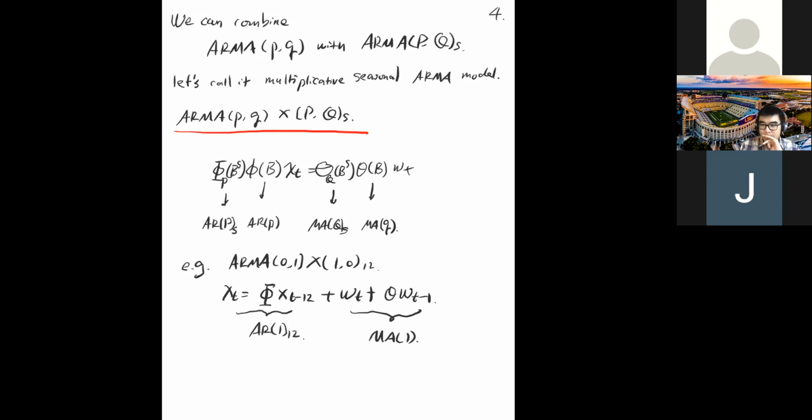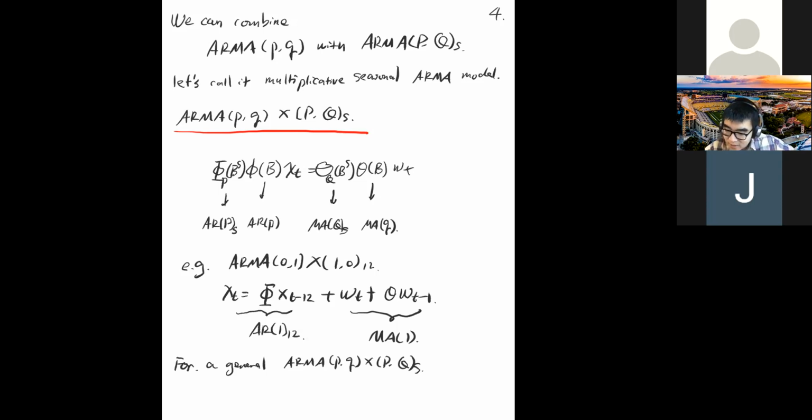Okay, so to study this model, we have a couple of things that we want to study. Not for this specific example, but for a general multiplicative seasonal model, we have a lot of things that we want to study, and most of them are pretty similar to the pure model.